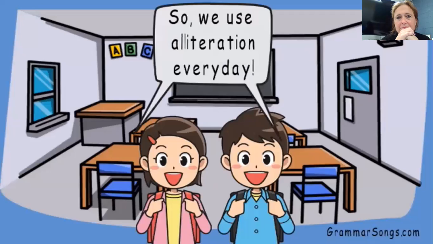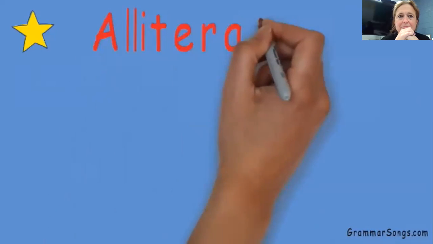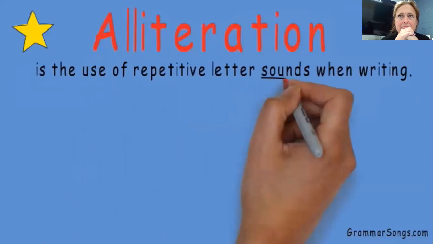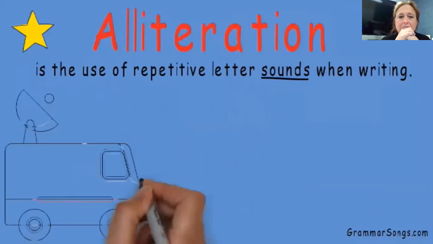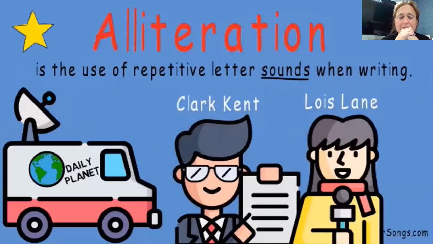So we use alliteration every day. We do. And it's important to note that alliteration is the use of repetitive letter sounds when writing. Sounds is the key word here. That's why famous characters like Clark Kent and Lois Lane are both examples of alliteration. Since the hard C makes the same sound as the K, the spelling doesn't matter.